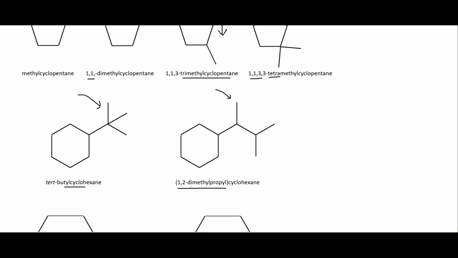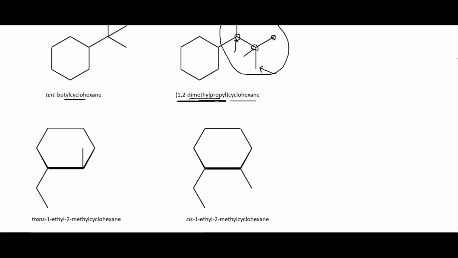So this is the 1 carbon on our substituent and our 2 carbon on the substituent. And we have a methyl group here and a methyl group there. So we call it 1,2-dimethyl propyl. This is propyl since it has 1, 2, 3 carbons, so 1,2-dimethyl propyl, and we put that all in parentheses, and then we put cyclohexane because this is a substituent coming off of our cyclohexane.